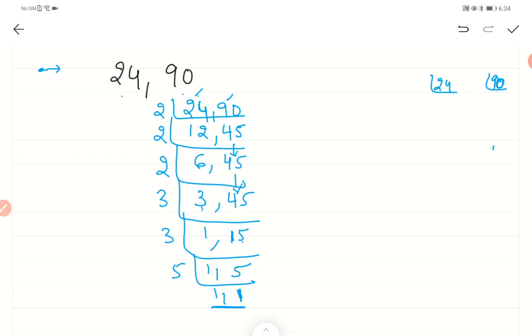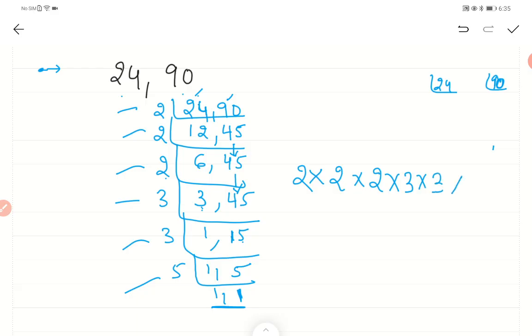Now what you need to do is multiply all these prime factors. You will get the prime factors of both 24 and 90. So 2 into 2 into 2, three 2's, and two 3's, into 5 into 1.